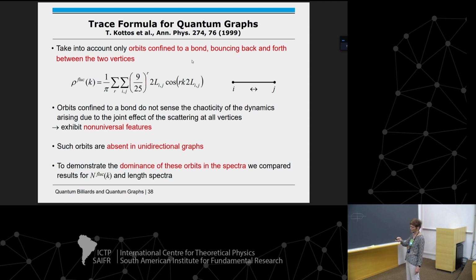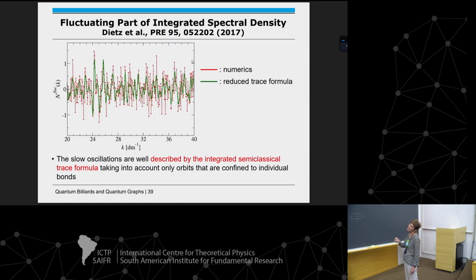You integrate it over k, and then you see that this green curve corresponds very well to what I showed to you before, to the slow oscillations.